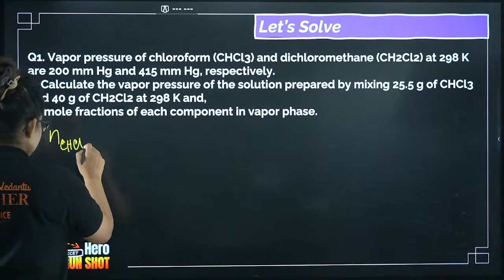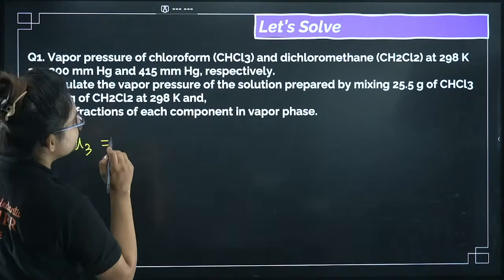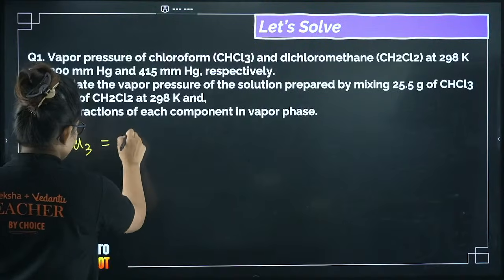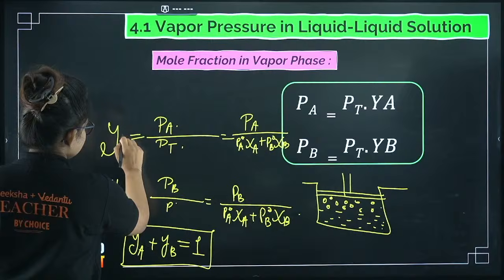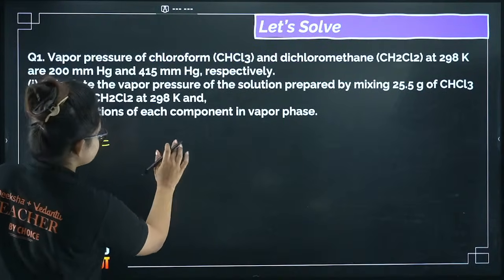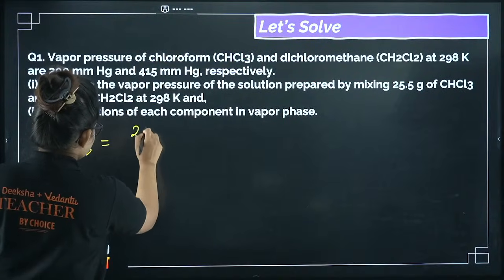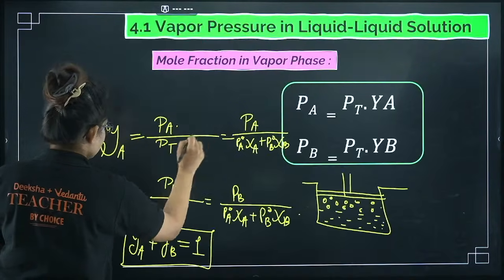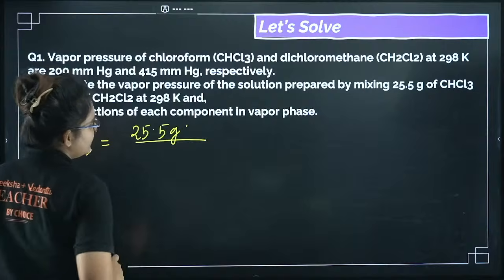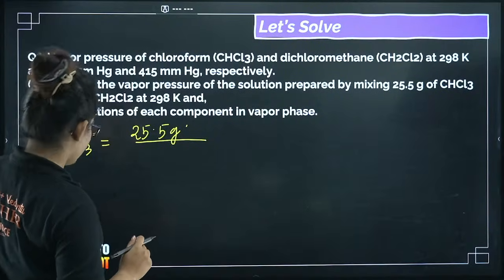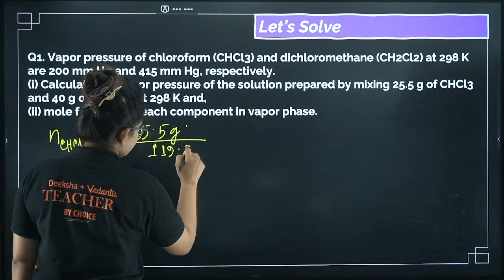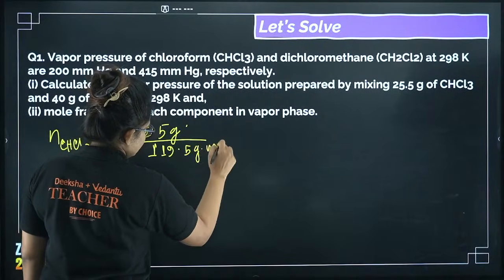What is the value given? 25.5 gram, divided by the molecular weight of chloroform. The molecular weight of chloroform is 119.5 gram per mole.